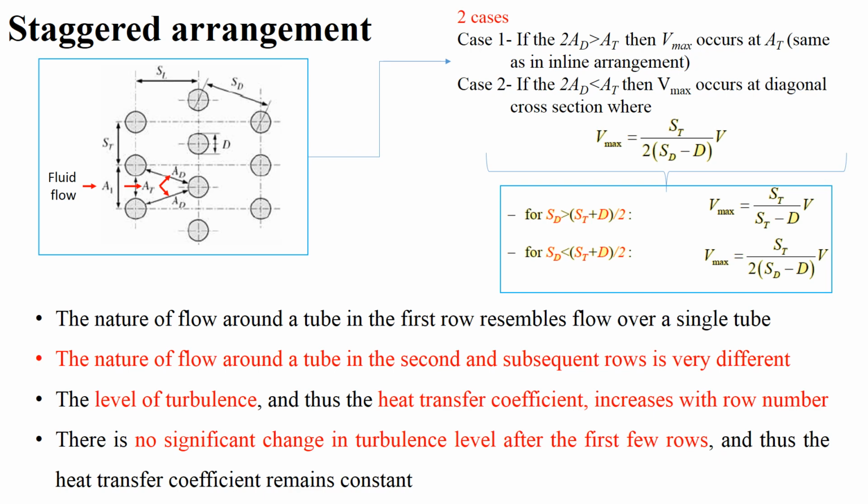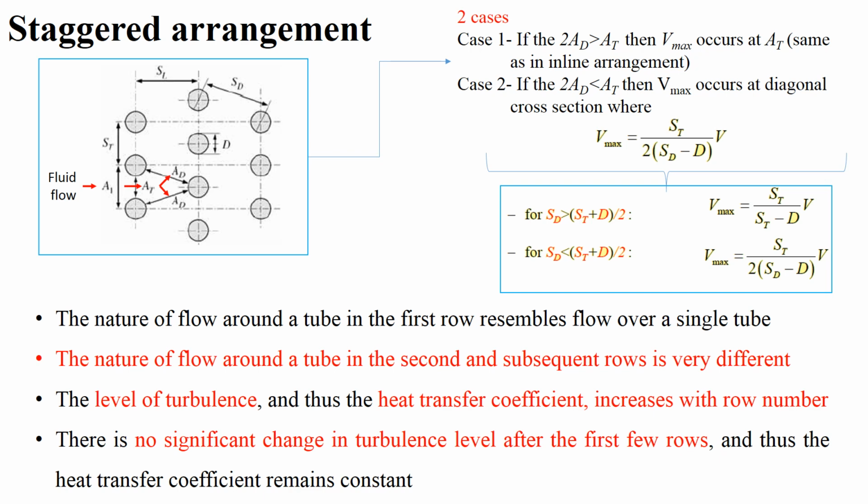For these cases, we have two cases of flow. For case 1, if 2AD is larger than AT, then the maximum velocity occurs at AT. So we can use the same equation as in the inline arrangement for the maximum velocity.